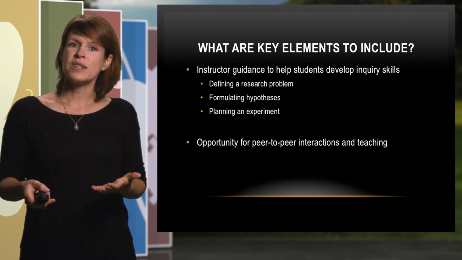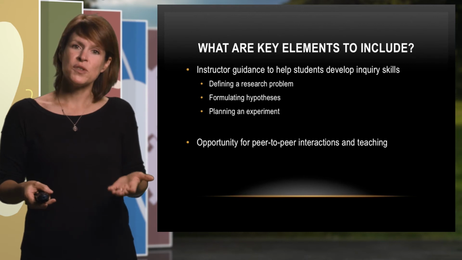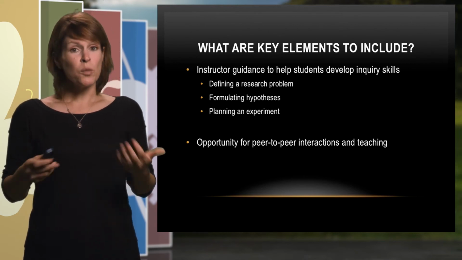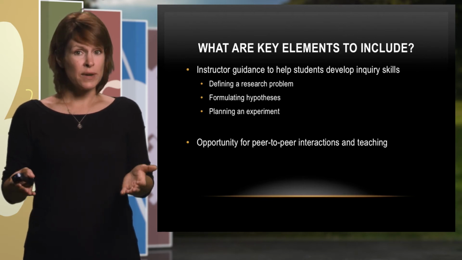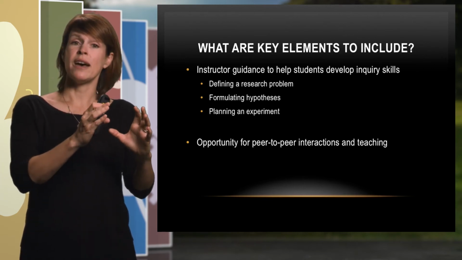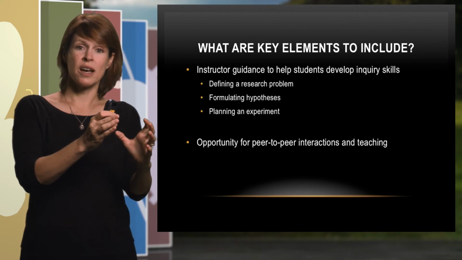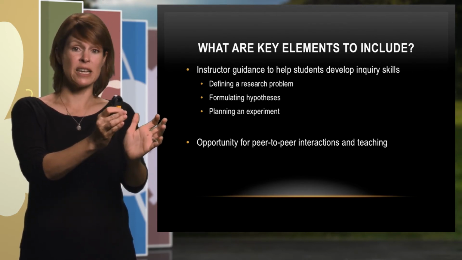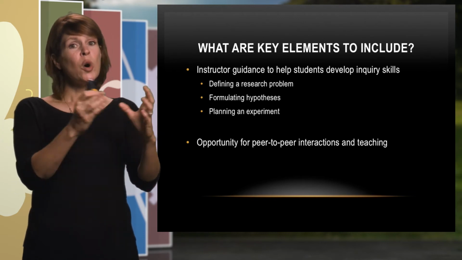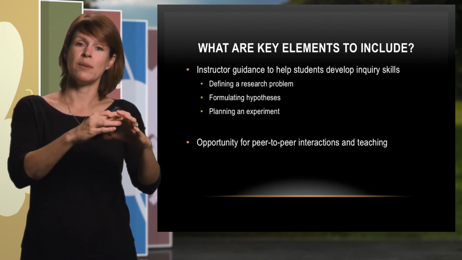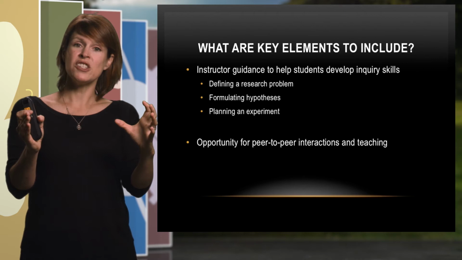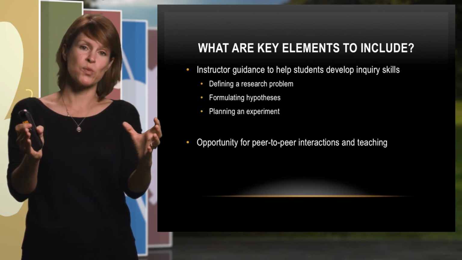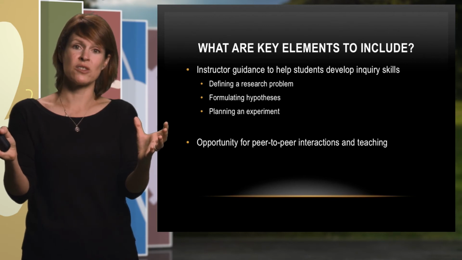It's also very important to include an opportunity for peer-to-peer interactions and teaching. Now, what this looks like can vary. You can have multiple short interactions with peers where they work in pairs that change from week to week, or you can have more long-term collaborations, as we saw in the biological sciences example, where peers work together throughout the course of the semester.